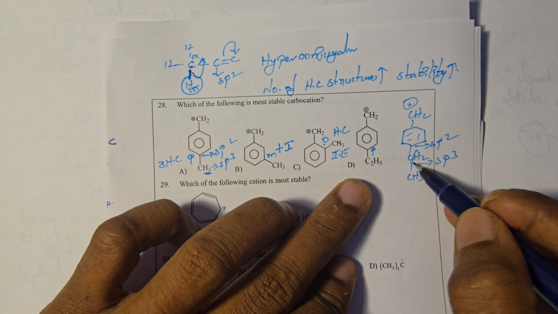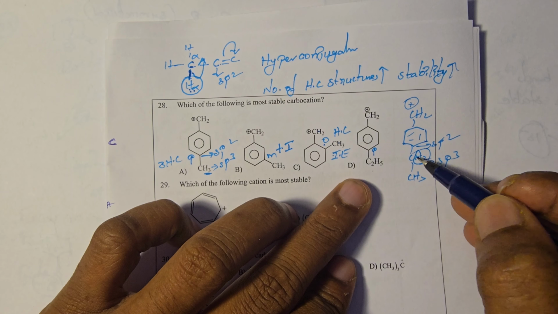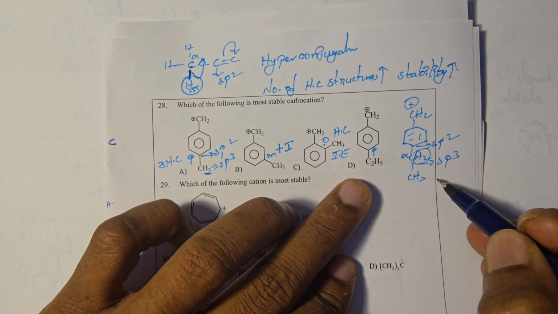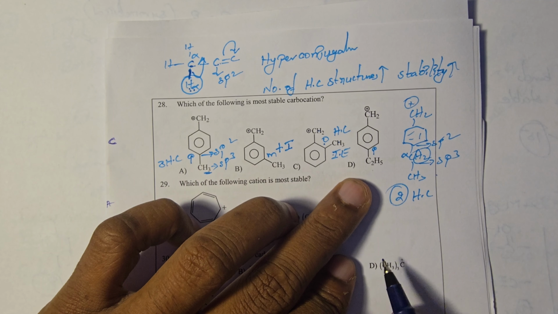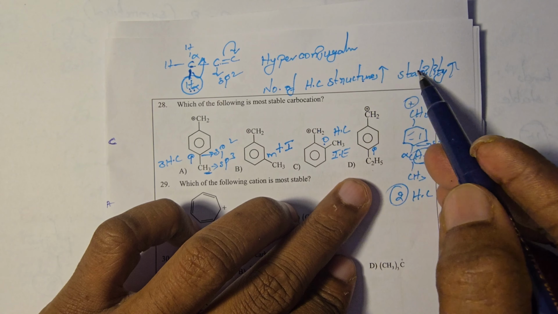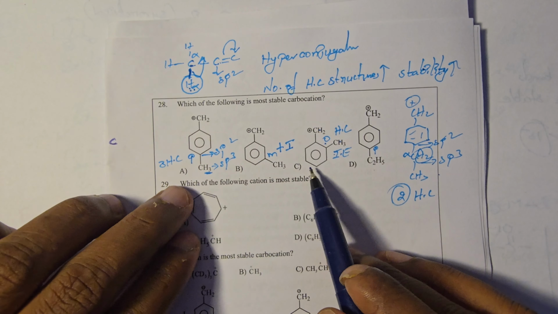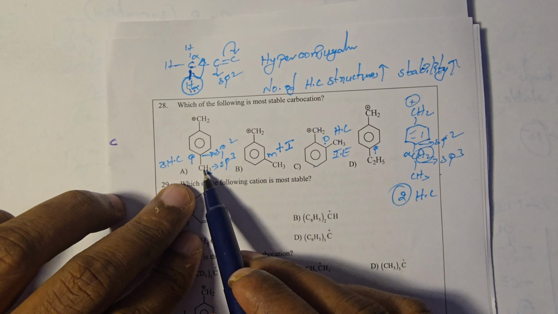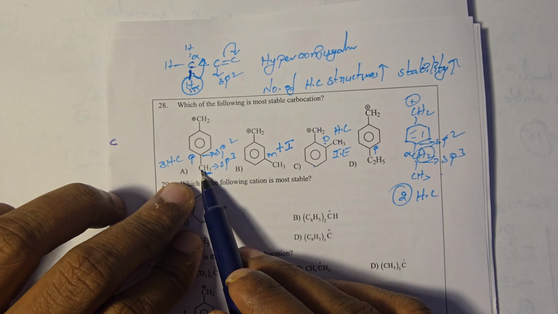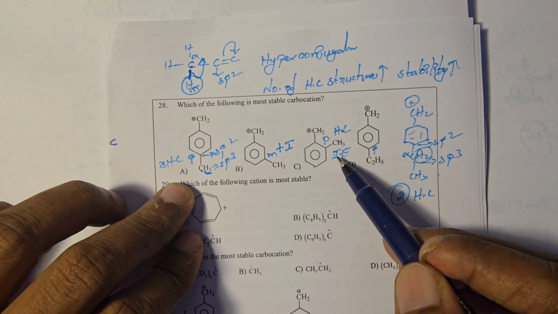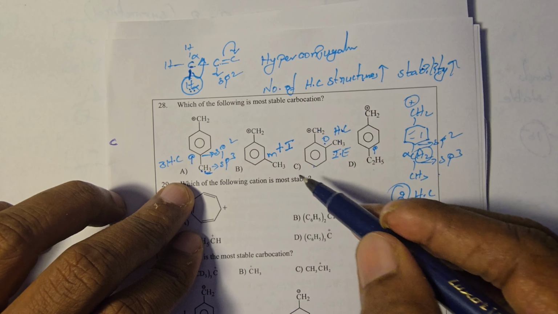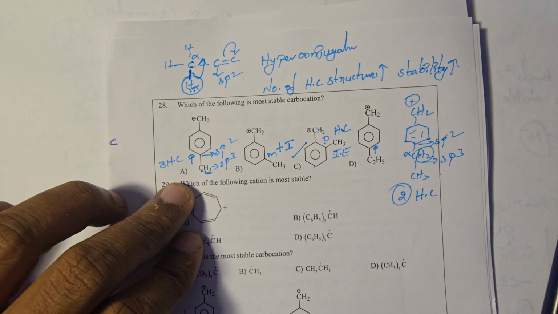How many hydrogens does the sp3 carbon have? Two hydrogens, so 2 hyperconjugations are possible. As the number of hyperconjugation structures increases, stability increases. In options A and C, hyperconjugation exists but the inductive effect is absent. Here both hyperconjugation and the inductive effect are present, so that's why it is the more stable carbocation.